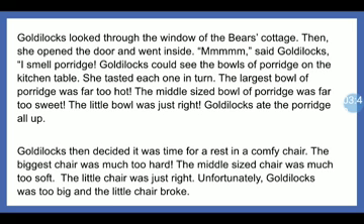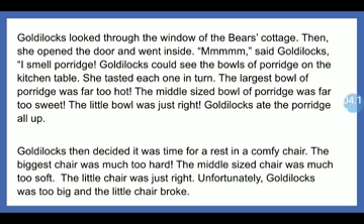The largest bowl of porridge was far too hot. The middle-sized bowl of porridge was far too sweet. The little bowl was just right. Goldilocks ate the porridge all up.